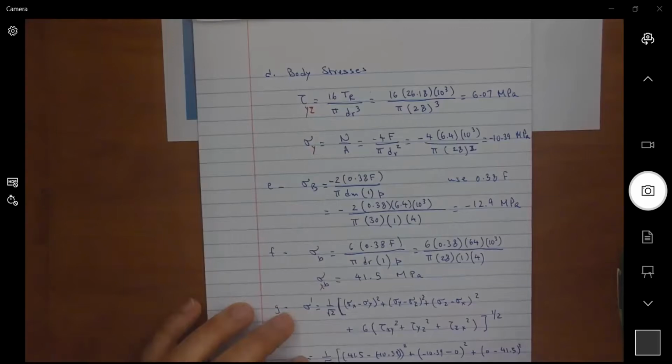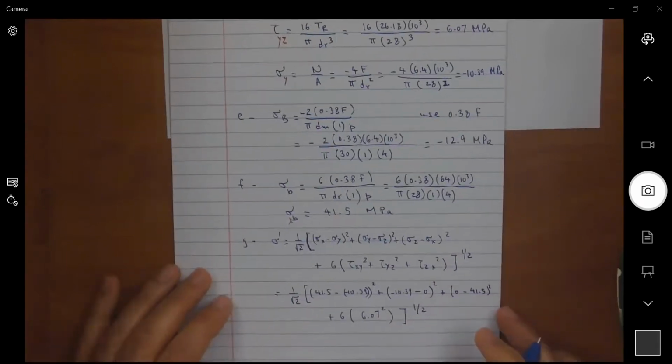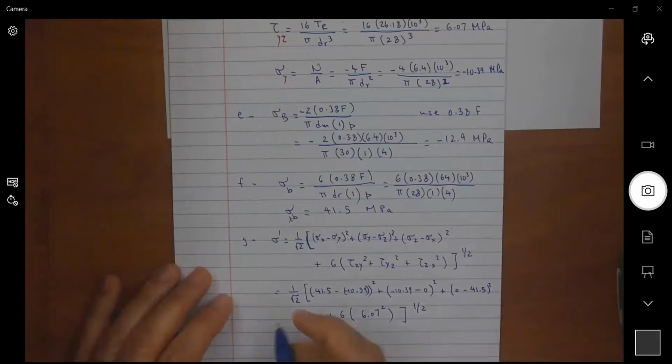Close the bracket and we take the square root. When we do the numbers here, I should get a sigma prime that is equal to 48.7 megapascal.